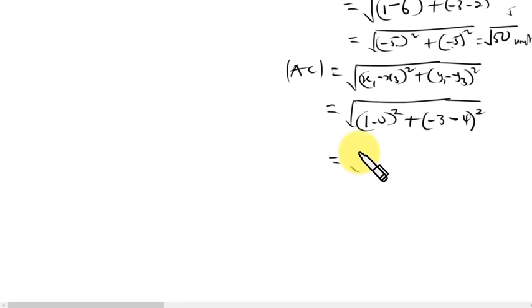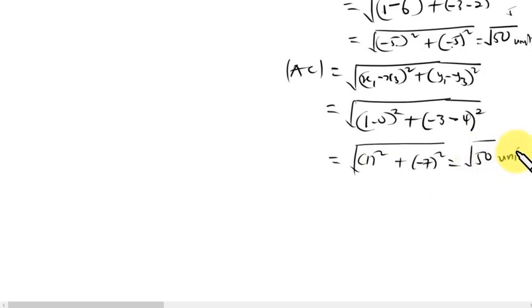Okay, so this will be 1 squared, and this will be -7 squared. So 1 plus 49 is 50, so this will be root 50 units. So we have two sides equal.